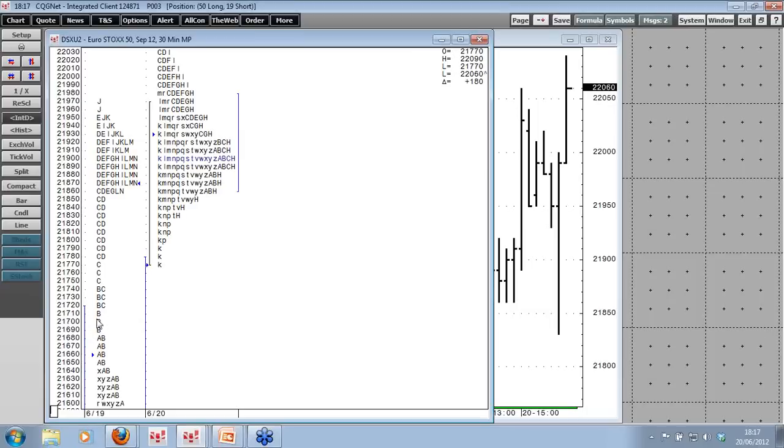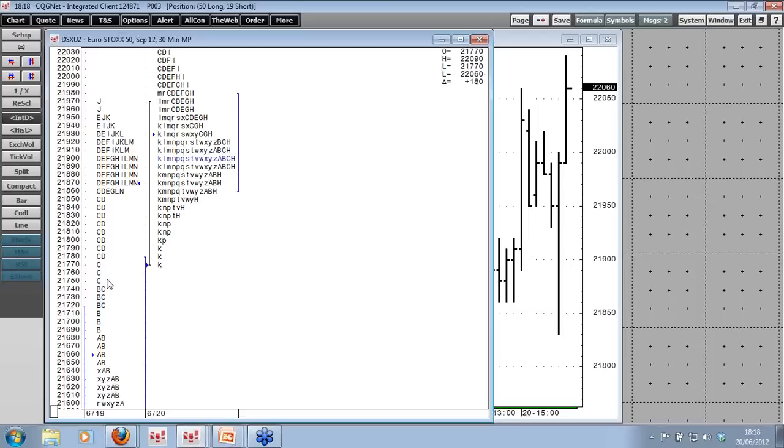These are single prints, and the definition of a single print is a single TPO on a price that has multiple TPOs above and below, i.e. it's not at the extreme. Again, we've got another three single prints here on the C print between 75s and 77s.